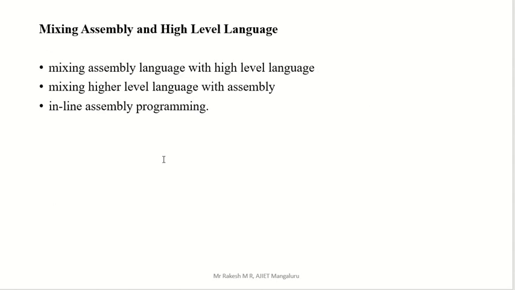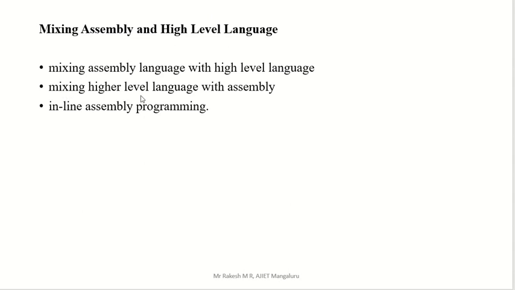Now we have another part. One is low level, one is high level, and the third one is mixed level, a combination of high level and low level. In that combination we have three parts. While mixing high level and low level, we mix in three methods. One is assembly level language with high level language.